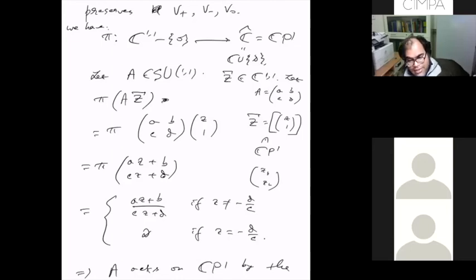What I am trying to say is that if you take determinant −1 matrices, then even then this will be an isometry of the hyperbolic plane, but that will be the orientation reversing isometries of the hyperbolic plane. Okay, and somewhere you have to add one z bar.